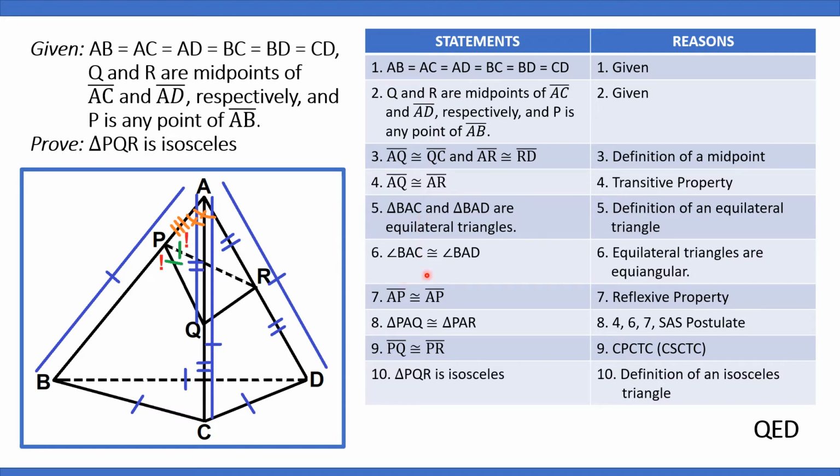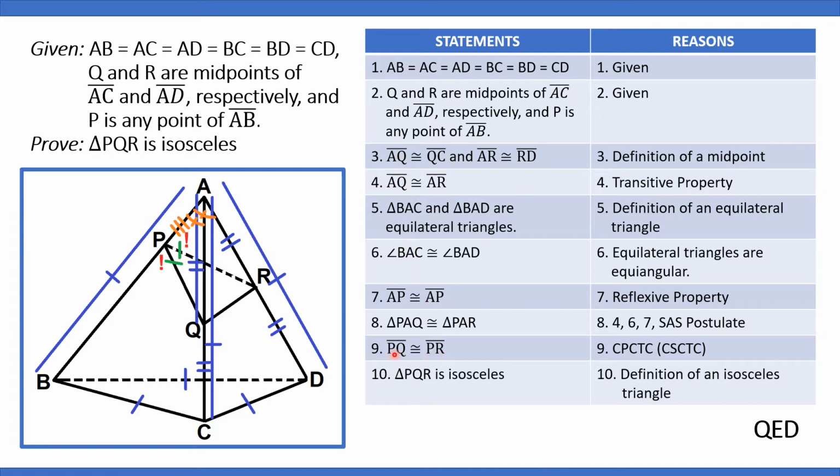Angle BAC is congruent to angle BAD because equilateral triangles are equiangular. Statement 7, line segment AP is congruent to line segment AP by reflexive property. Statement 8, triangle PAQ is congruent to triangle PAR by SAS postulate, while considering statements 4, 6, and 7.